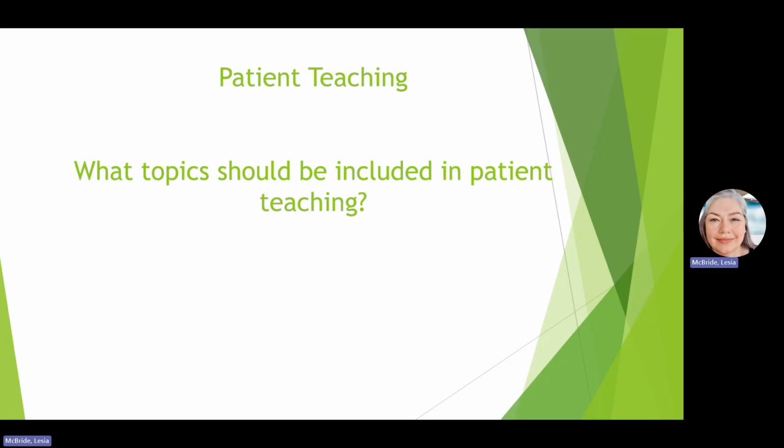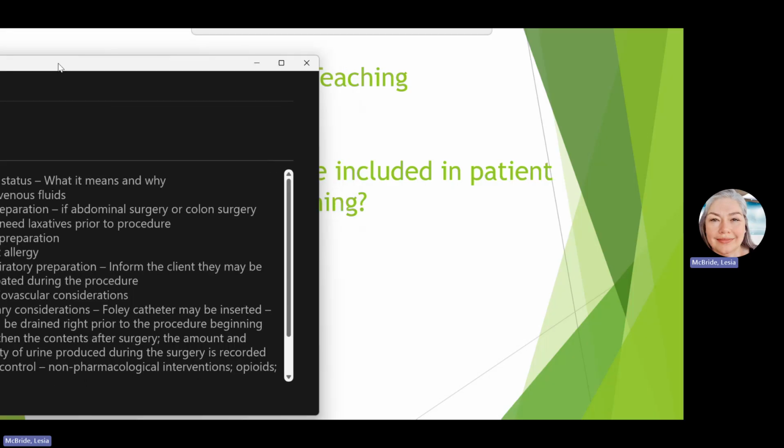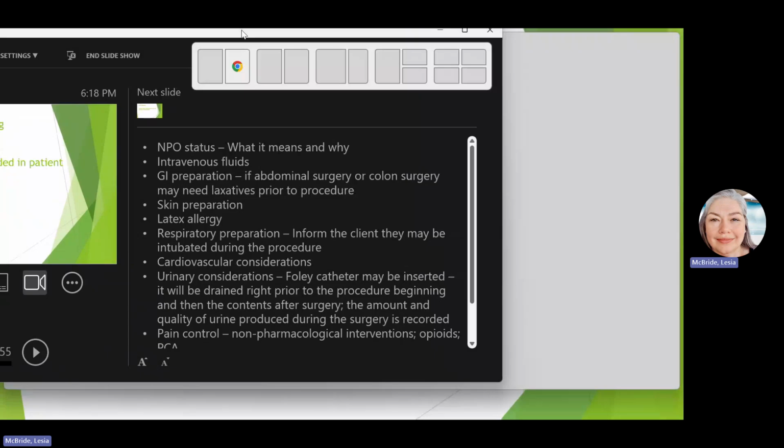What topics should be included in patient teaching? Let's think about that for just a moment. I'm actually going to slide my slide over so that you can see this, because I think it's important for you to see the notes on this. So here we go.